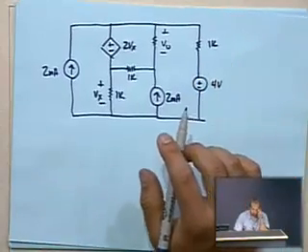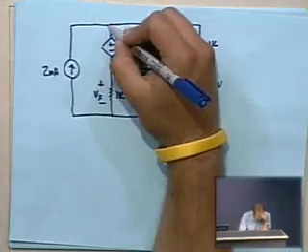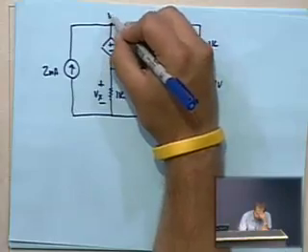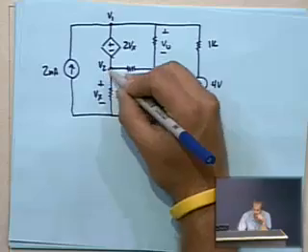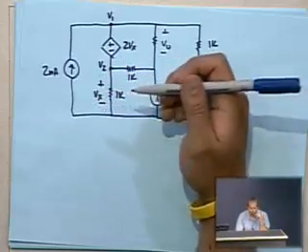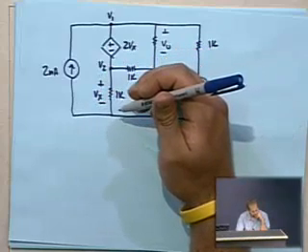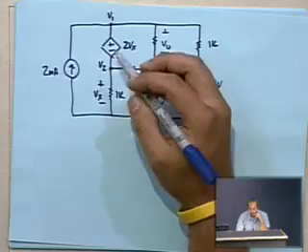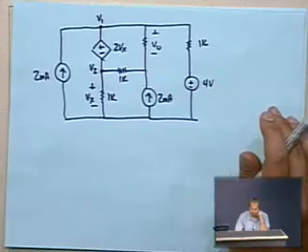So we need to start coming up with our nodes, and I think this is going to be V1. This is going to be V2, but just like in the last example, V2 and Vx are the same voltage. There's no difference between those two. And so we'll do most of our analysis in terms of Vx, or in terms of V2, but we know that we'll be able to swap that around pretty easily.